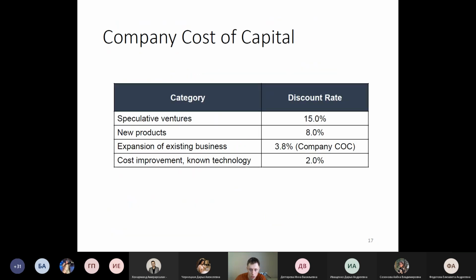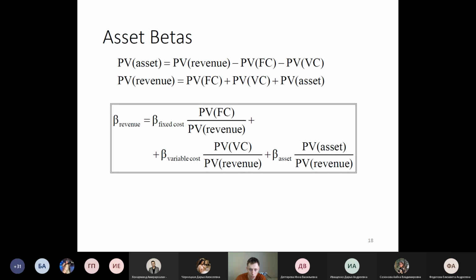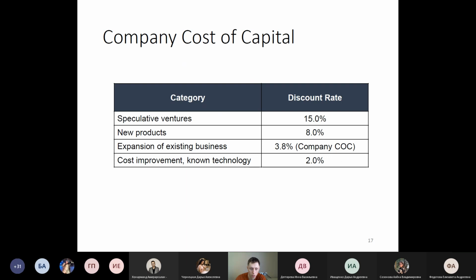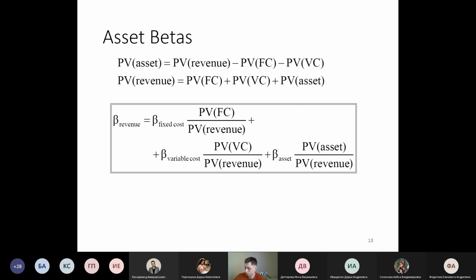These are the examples. And the point that we started from is that different types of activities, different projects might be discounted differently. More risky projects should have a higher discount rate.